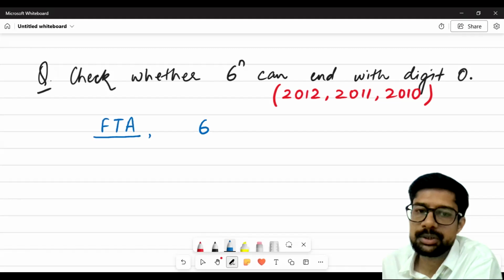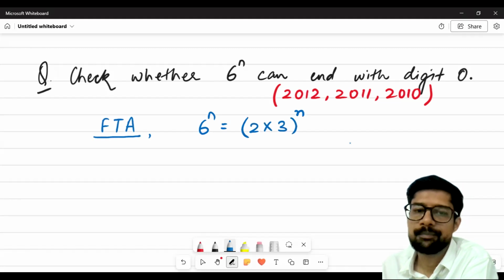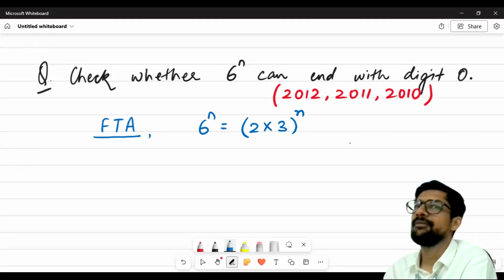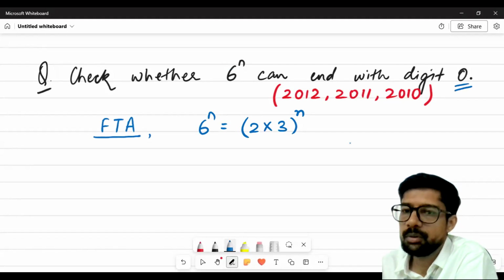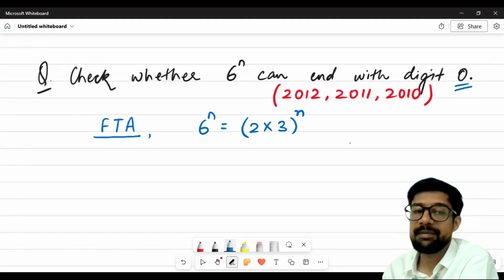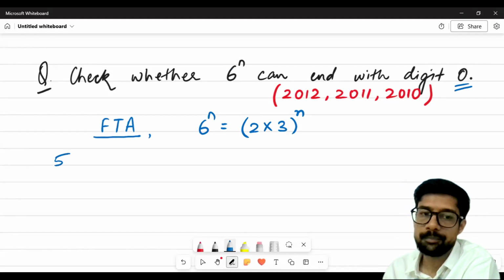Along with it, I just need to describe the factors of 6 includes only 2 and 3. What is missing? 5. है ना? For a number to end with the digit 0, we compulsorily need 5 as a factor, which is not available right now.